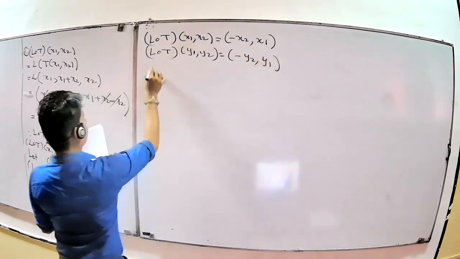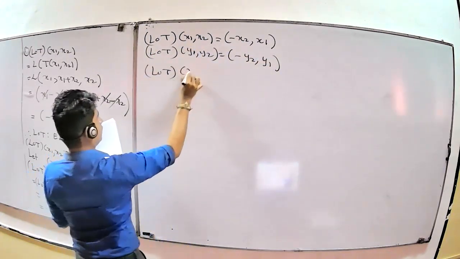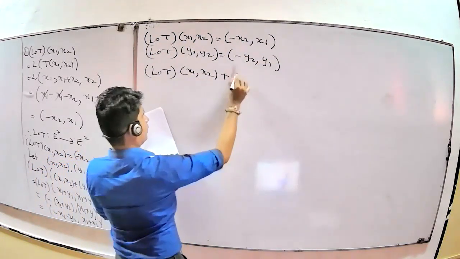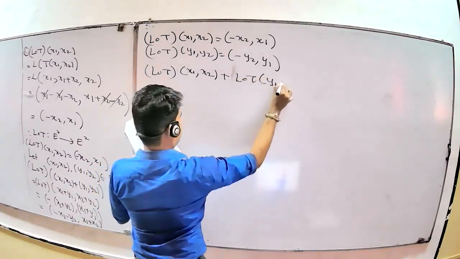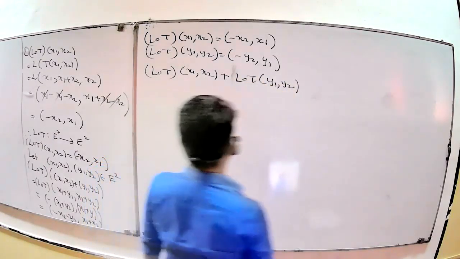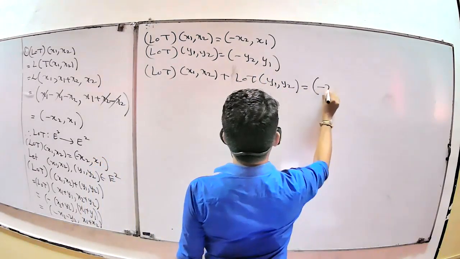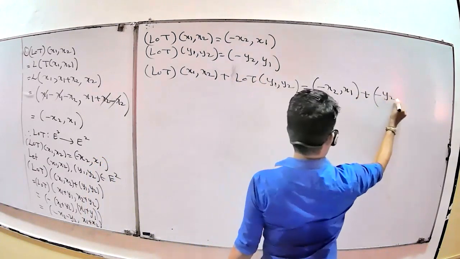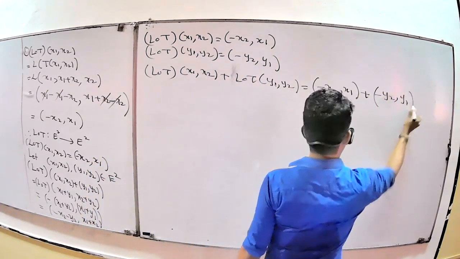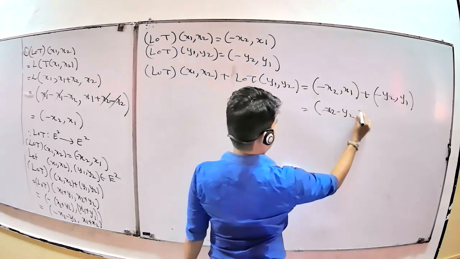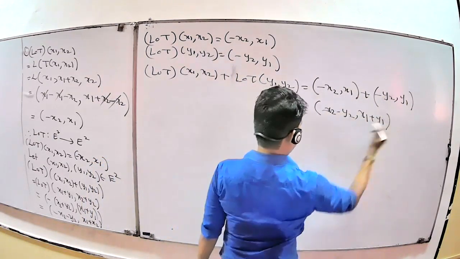Suppose you add both, you get minus x2 minus y2, x1 plus y1.